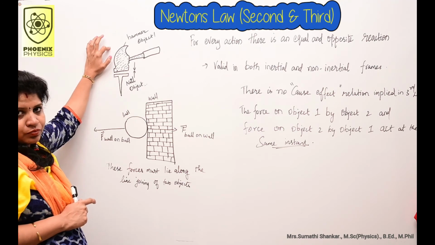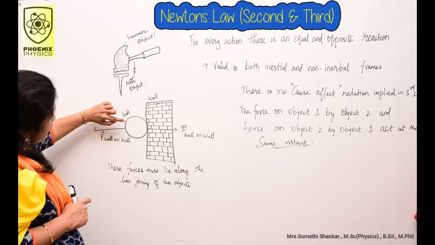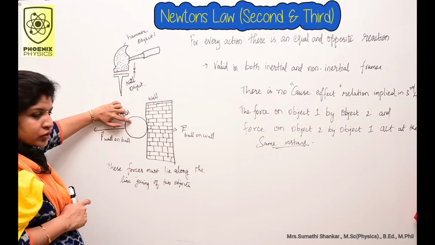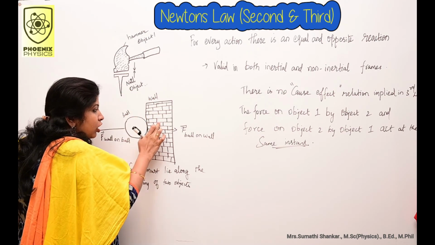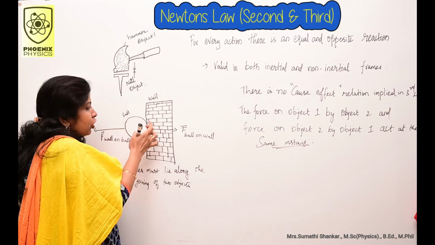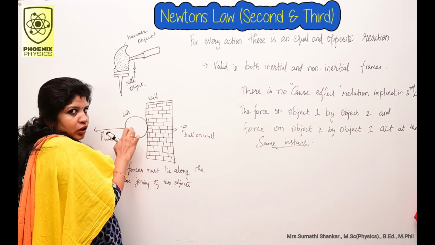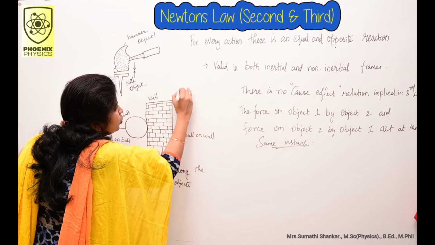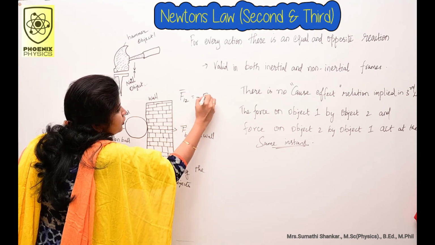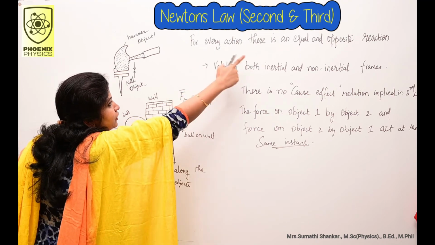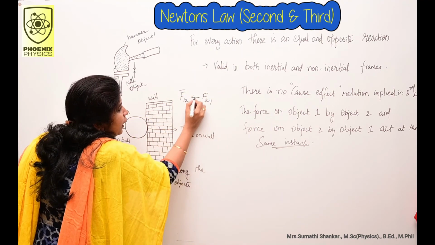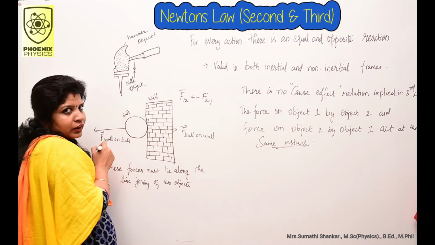Same way, here the ball exerts a force on the wall. The wall exerts a force on the ball. That is F12 is equal to minus F21. That is why we said for every action there is an equal and opposite reaction.